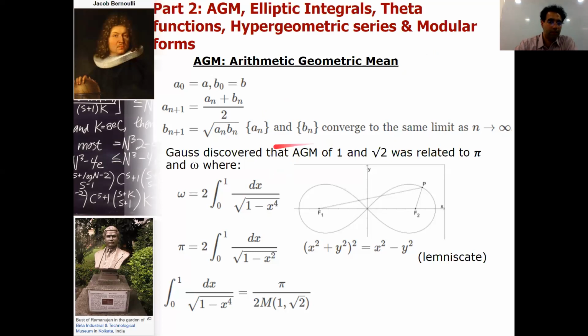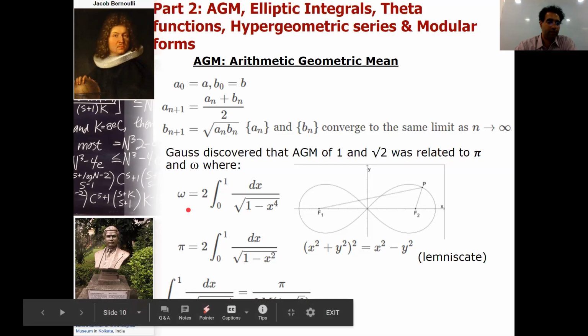And then what Gauss did was he continued his experiments around this, and he took two numbers, 1 and the square root of 2, and found that the limit that a_n and b_n would converge to was related to a ratio between pi and omega. Pi we know, and omega is defined as this quantity.